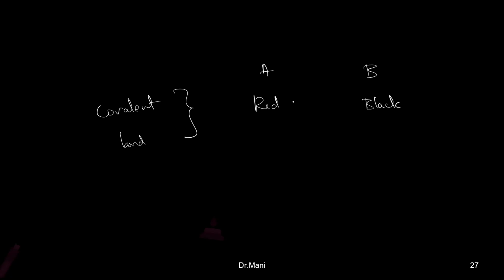So A will give its red pen, B will give its black pen. But still A will use this red pen as well as black pen, and B will use both red and black. So that's how a bond is shared between the 2 persons. Both are involved, A is donating the red pen, B is donating the black pen. So that kind we call it as covalent bond.